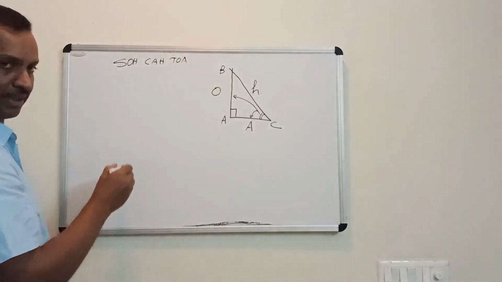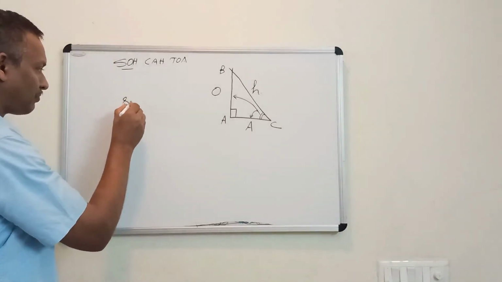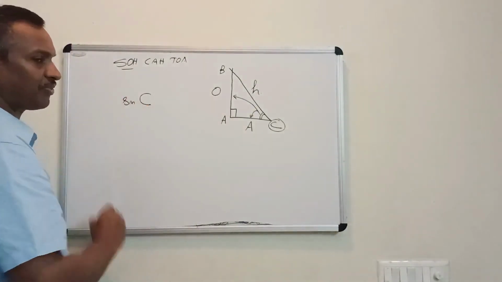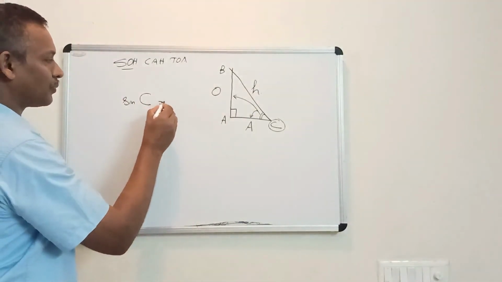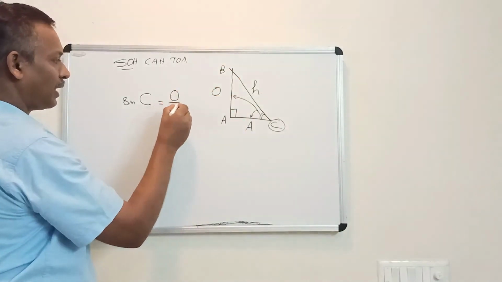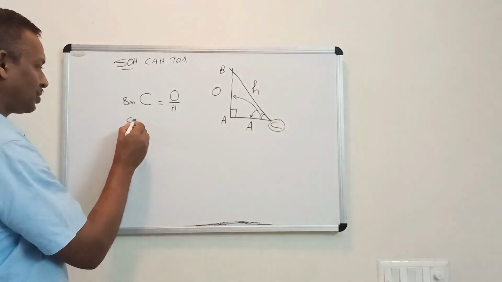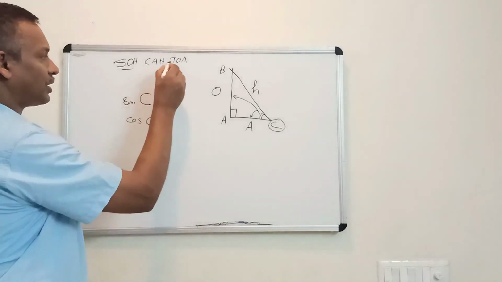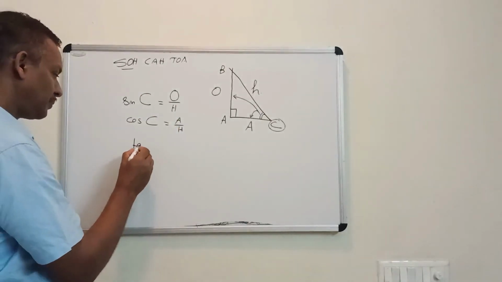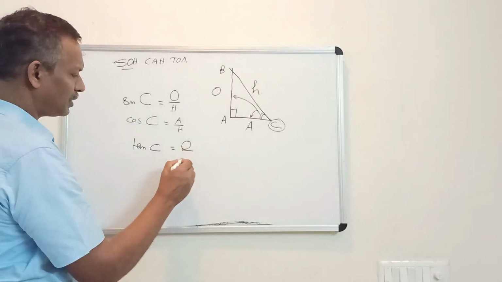and write. What is sine? Sine means opposite by hypotenuse. And we have to mention the reference angle. Here the reference angle has been changed to C. So we write sine of reference angle C is equal to opposite to angle C, the opposite by hypotenuse, and cos C is adjacent by hypotenuse. Tan C is opposite by adjacent.